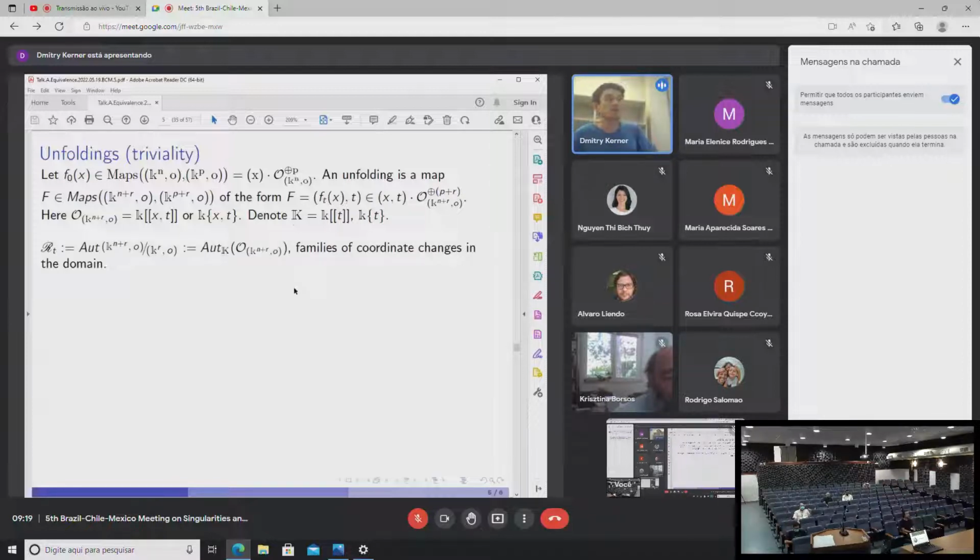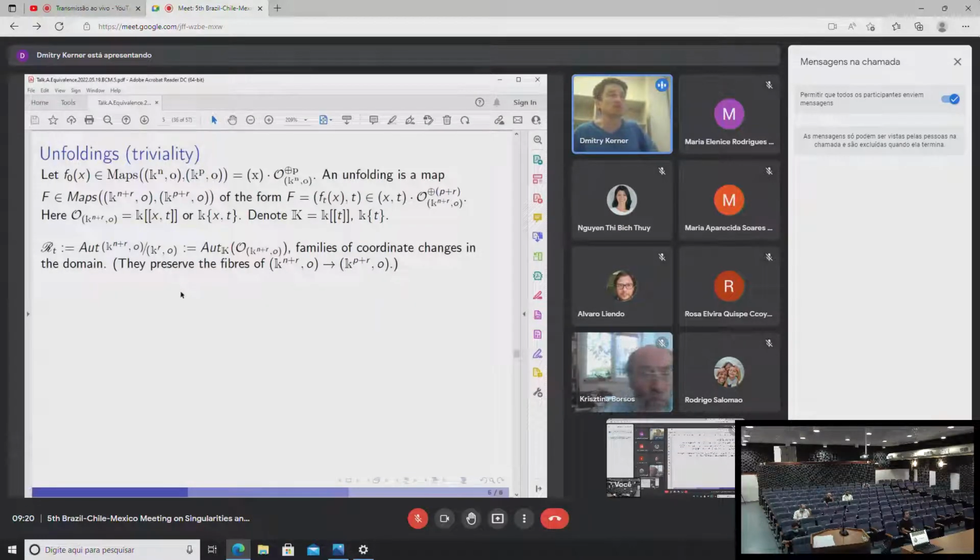And accordingly, if we introduce new variables, then we also extend our group. So now we have the group of families of coordinate changes in the domain. This is RT, right equivalent. These are the automorphisms of this Kn plus R over Kr. So what does over mean? It means algebraically that they are capital K linear.